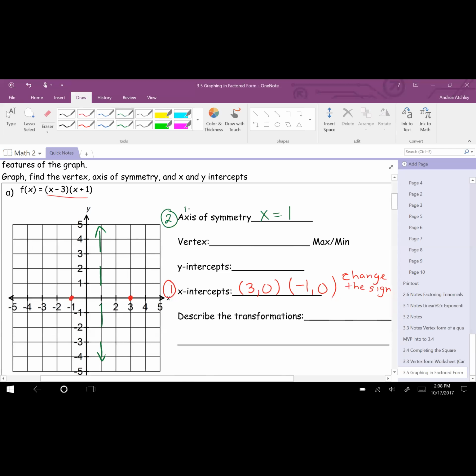You're going to ask yourself, in the middle of your x-intercepts?